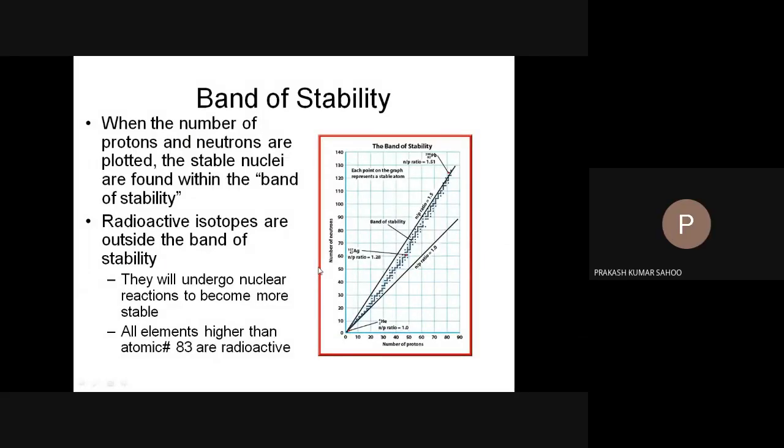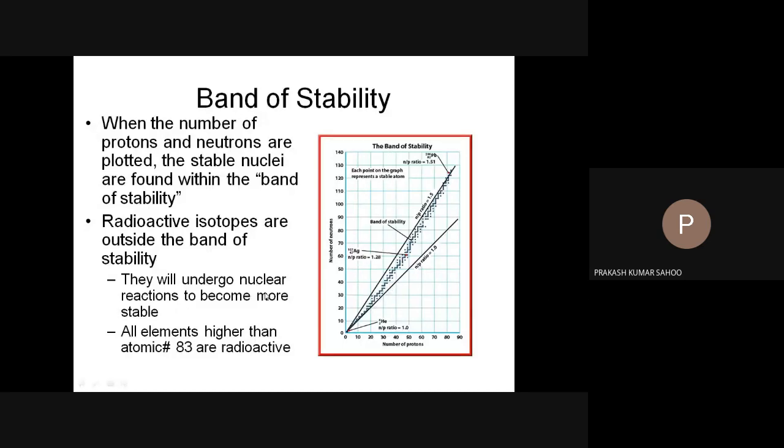So when the n by p ratio is 1.0, that is, the neutron to proton ratio is 1.0, these nuclei are exceptionally stable. But when the ratio is maximum 1.5, these nuclei are said to be radioactive, and they will undergo nuclear reaction to become more stable, because these are relatively unstable due to the imbalance of the number of protons and neutrons.